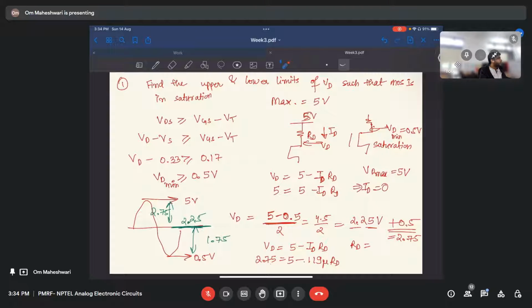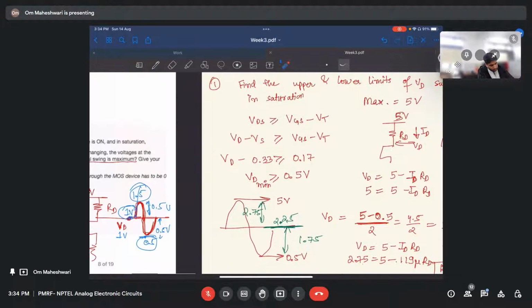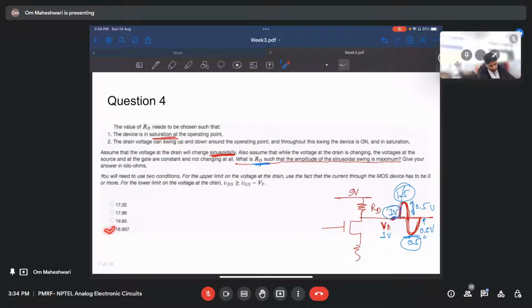So RD will be 5 minus 2.75 divided by ID. It will be 18.907 kilo ohms. So this is the answer, 18.907 K, and yeah, it is given here.